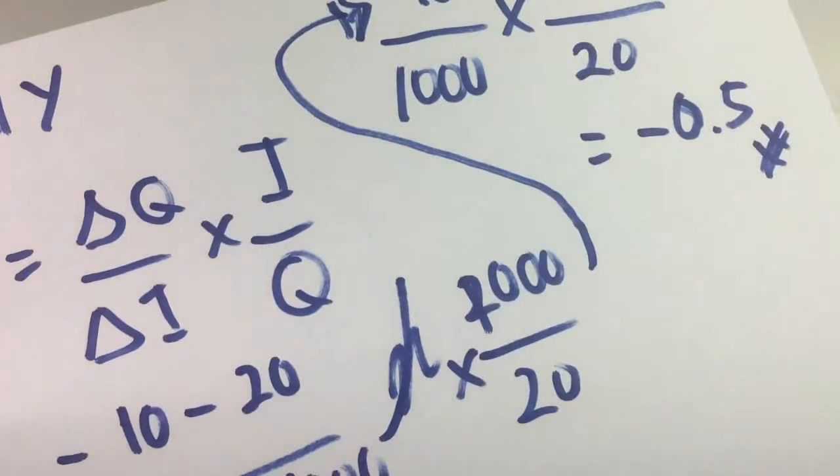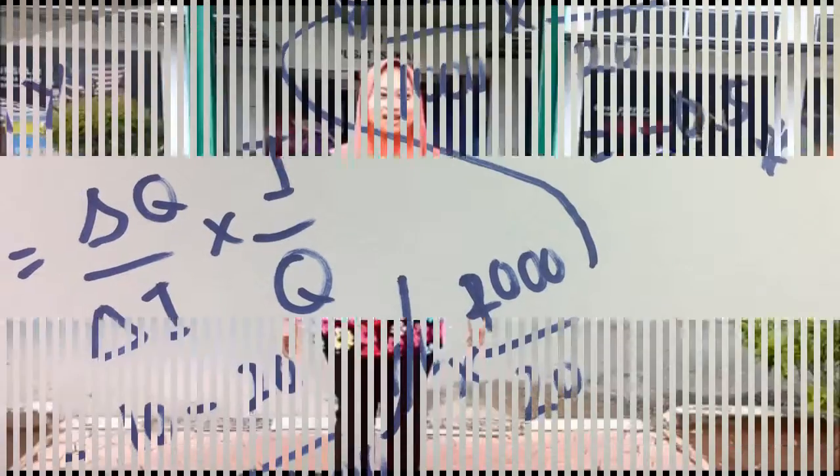Now we can conclude that good Y is an inferior good because the value of income elasticity of demand is negative. If income rises by 1%, the quantity demanded of good Y falls.